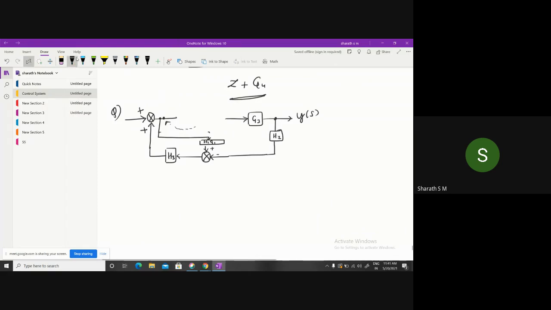Here it becomes G1 plus G2. Write on this. And this is in series with G3. So G1 plus G2 into G3.